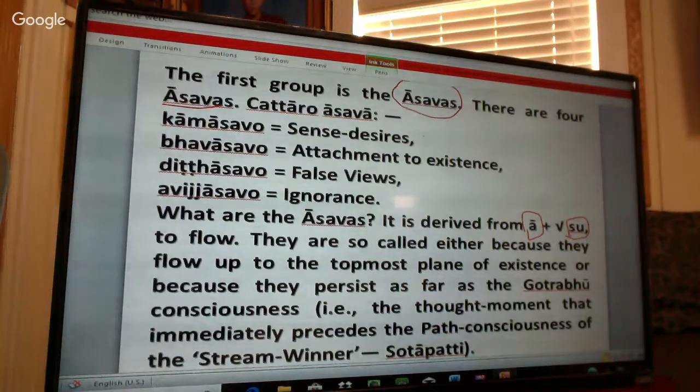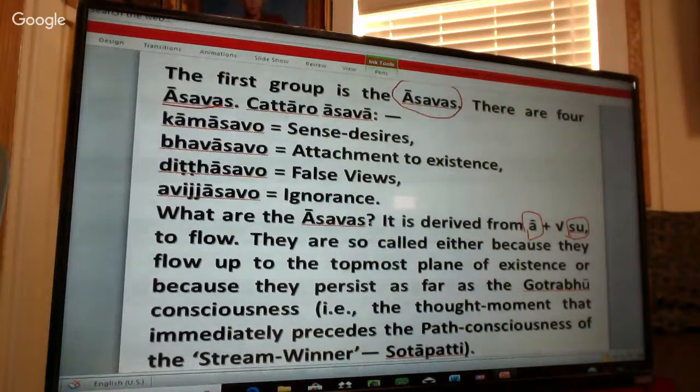So asava is a plus su. Su changes to sava, so that's what we say, asava. Su meaning is flow. If you want to understand the definition of Pali words, we need to understand like this: what is the fundamental word of that Pali?